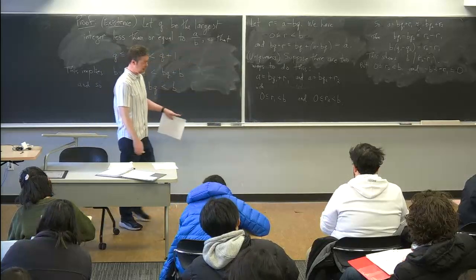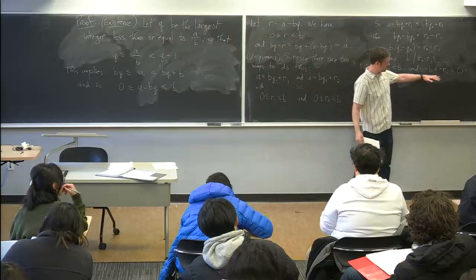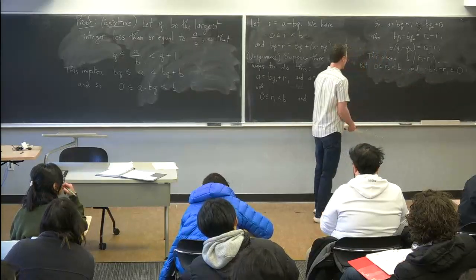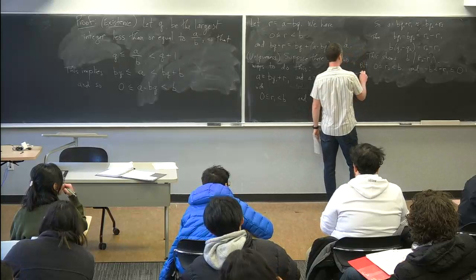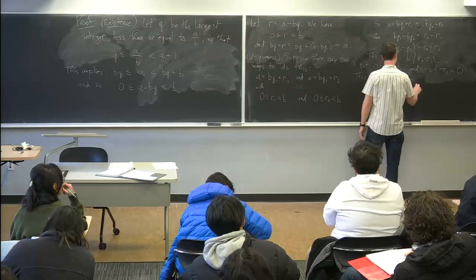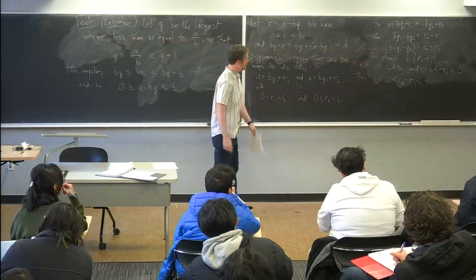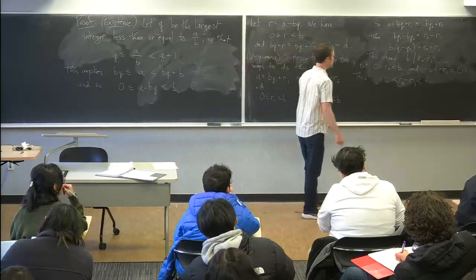And I just set them up that way because what I essentially want to do is just add these inequalities together. Because it was strict on both sides for one of them, it's going to be strict overall.